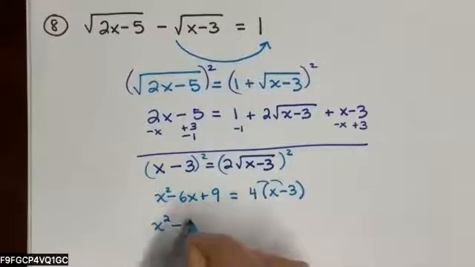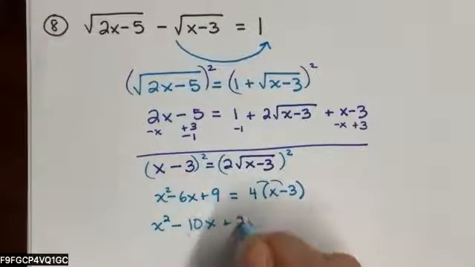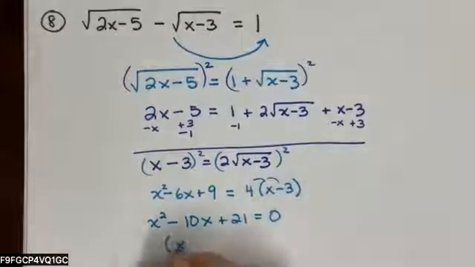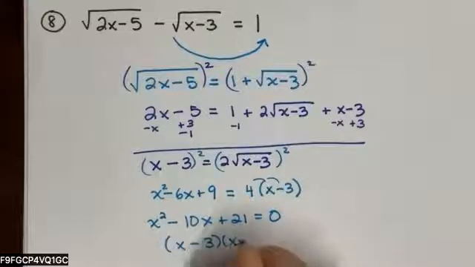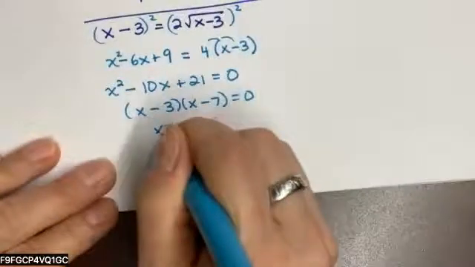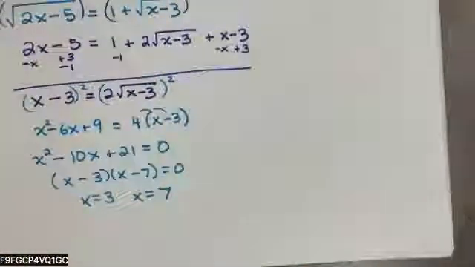So I'm going to bring over that 4x, and then -12, I'm going to add 12. And again, I am going to X box my happy little self into a factored equation. And I'm going to get my 2 answers. They're both positive.